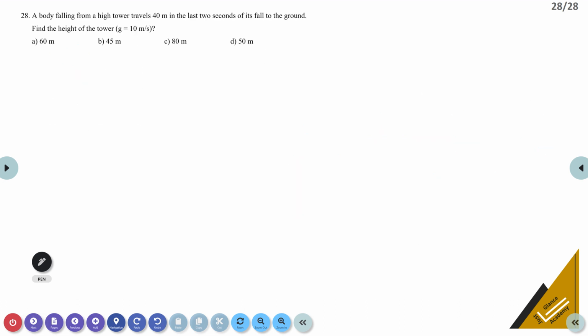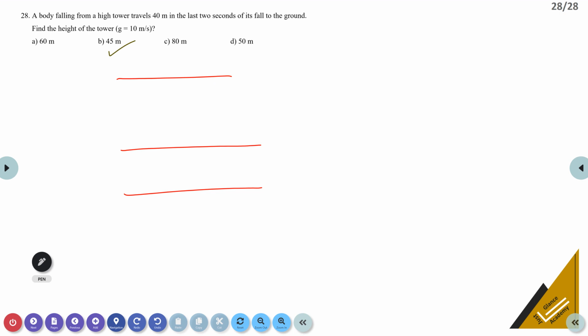Okay, fine. Last question. A body is falling from a high tower, travels 40 meters in the last 2 seconds. B is the right choice, you can check it.